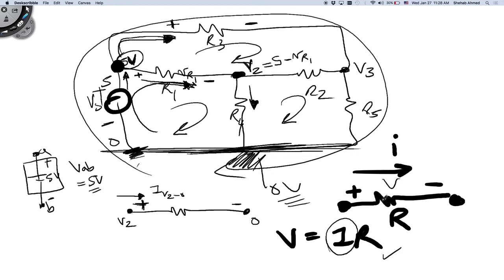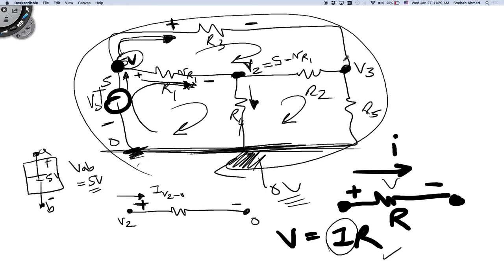Same: it's the voltage across the resistor divided by the value of the resistor. So what's the voltage across this resistor? 5 volts. I assume this is the positive side, and I assume current is flowing in this direction. This is an assumption, right? So it's 5 volts on one side and V3 on the other side.